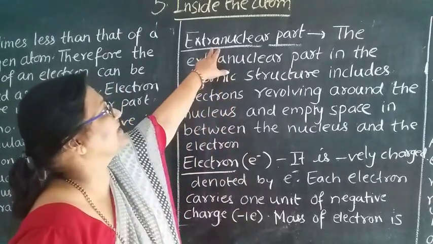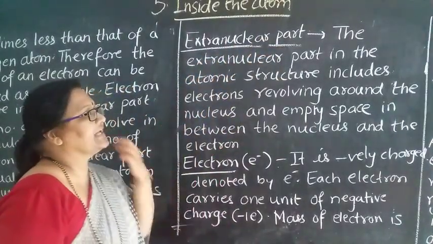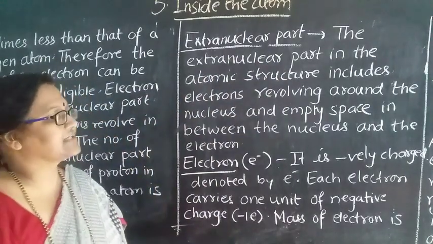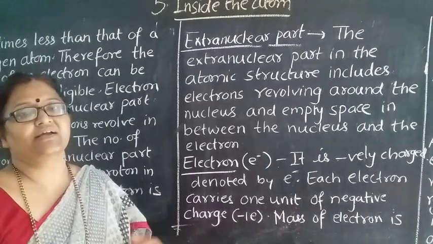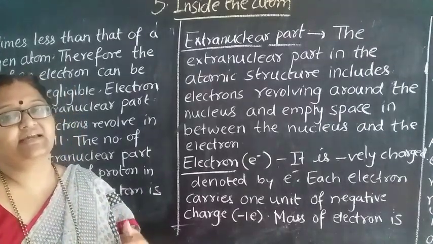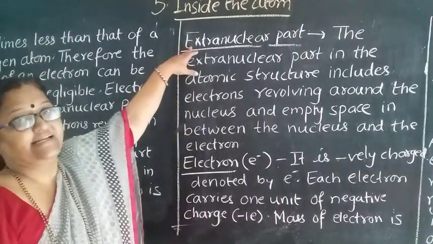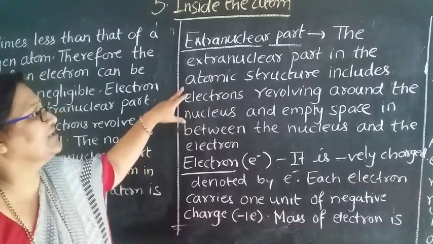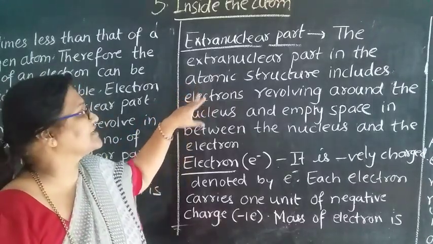The next part is the extranuclear part. The extranuclear part means the part outside the nucleus, which surrounds the nucleus.